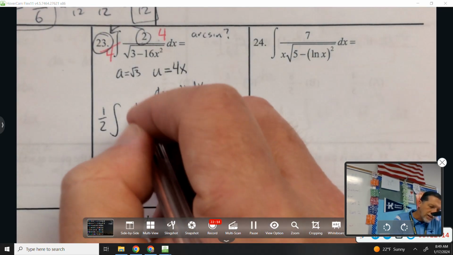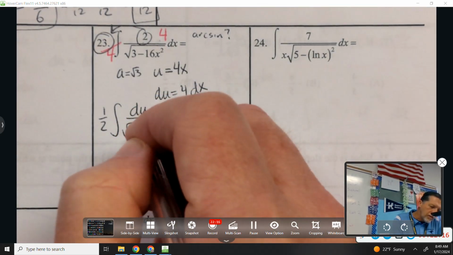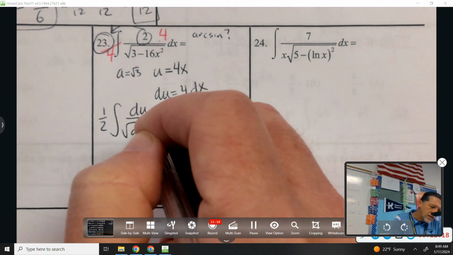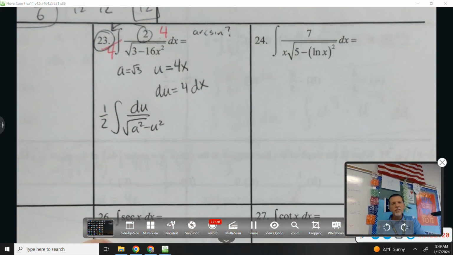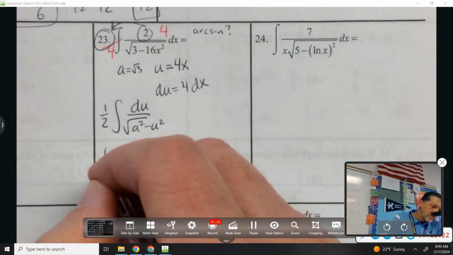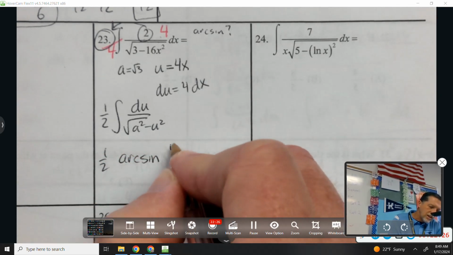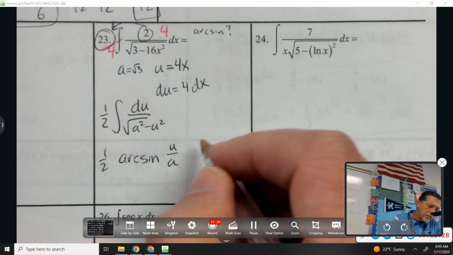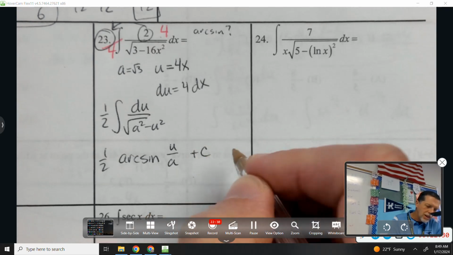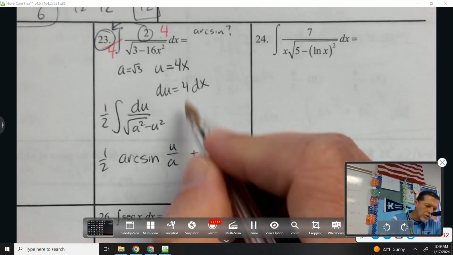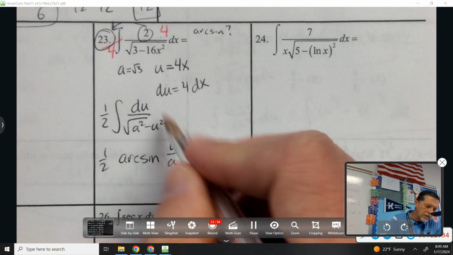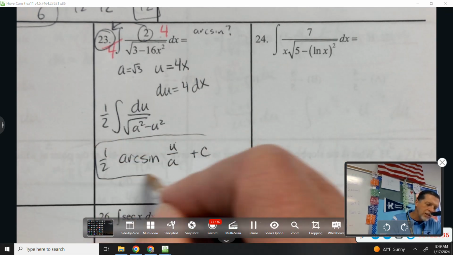So now I've got du over square root of a squared minus u squared. That's arcsine. So 1/2 arcsine u over a plus c. And double checking, I said what u is, I said what a is, so I'm okay with this as an answer.